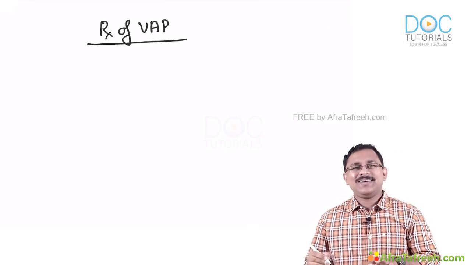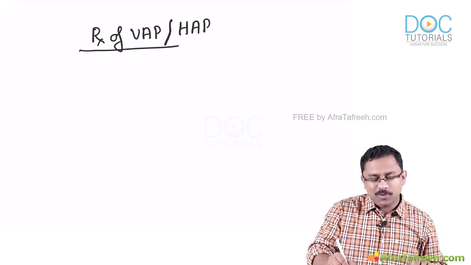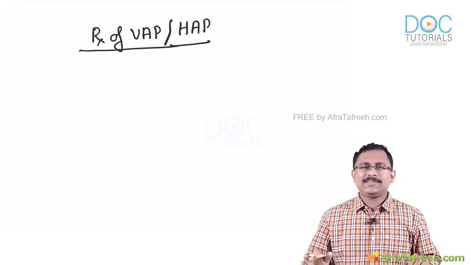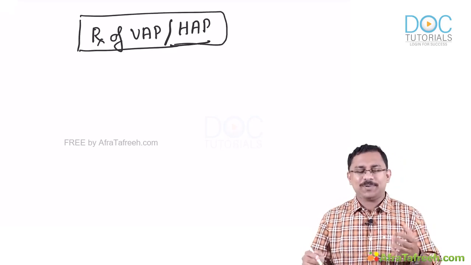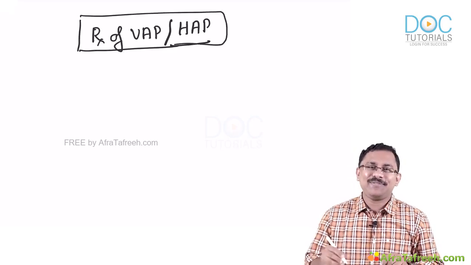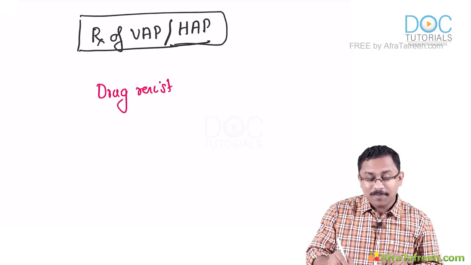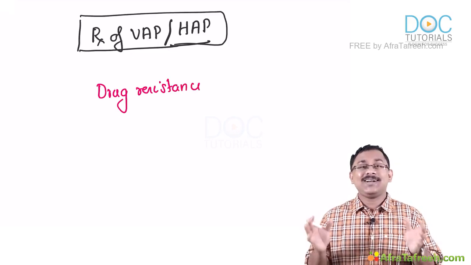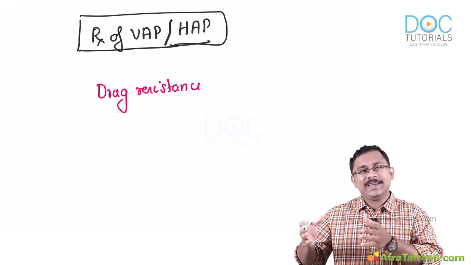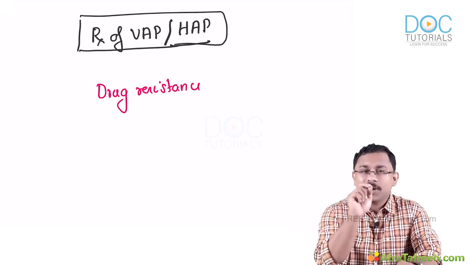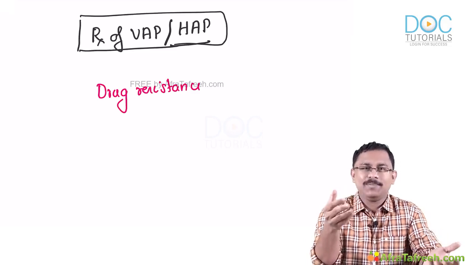So remember that both VAP as well as hospital acquired pneumonia are managed more or less in the same way. Okay, so whether it be VAP or HAP, what is it that you are concerned of? You are concerned of one factor, that is drug resistance. In fact, multi-drug resistance is what you are concerned about. So the point I want to tell you is, in a hospital setting, especially the ICU setting, you are more likely to encounter organisms that are resistant to multiple antibiotics.